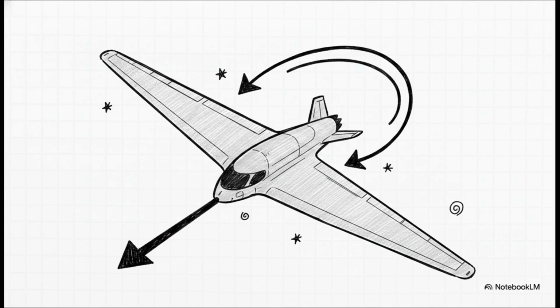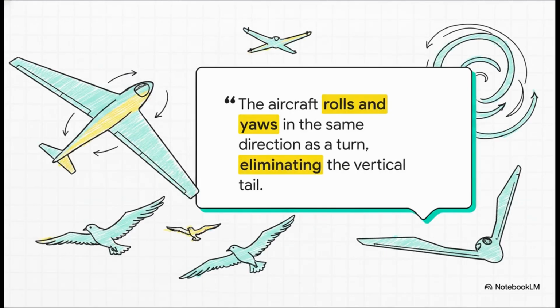When you input roll control, the forward thrust at the wingtip actually pulls the aircraft's nose directly into the direction of the turn. It rolls and yaws in the perfectly correct direction totally naturally. This exponentially increases the total aircraft efficiency by just completely cutting out the drag we historically had to rely on to steer. And because the aircraft naturally yaws right into the direction of the turn, you completely eliminate the need for a vertical tail or heavy drag rudders.